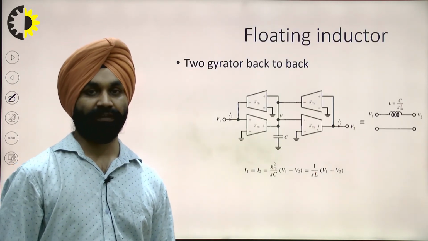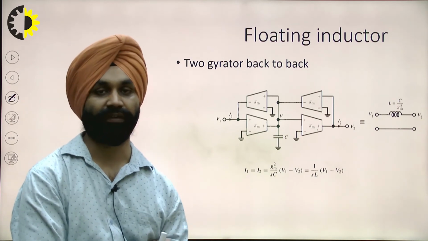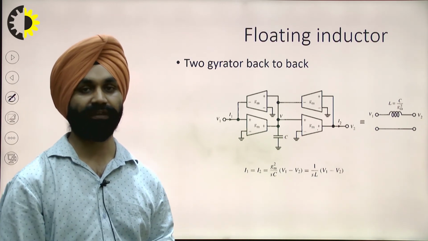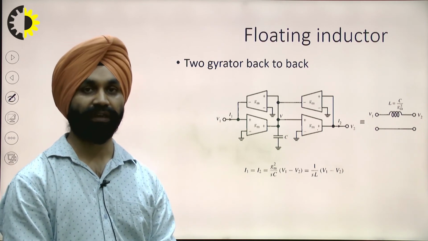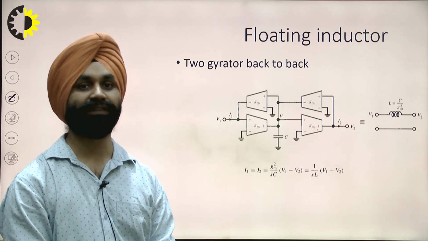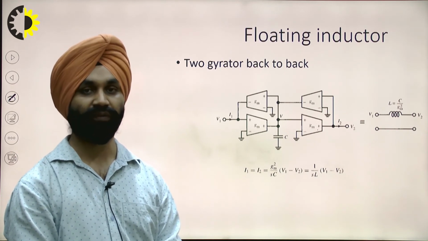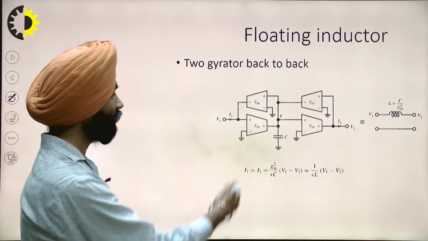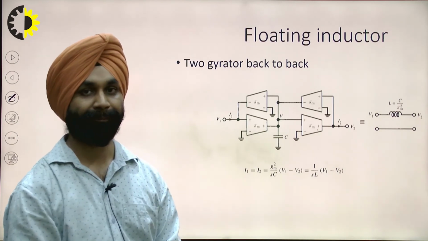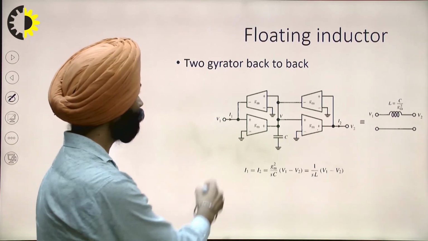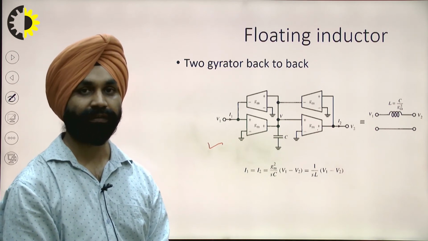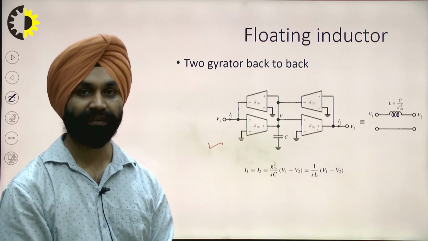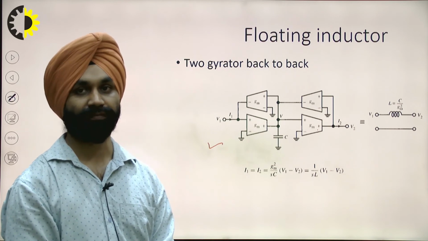Another aspect is the floating inductor. We have seen that a floating inductor is mainly used for ladder circuits. When we have a floating inductor, as in the GIC, we have to use two different gyrators implemented back to back. This gives a gyrator similar to a floating inductor.